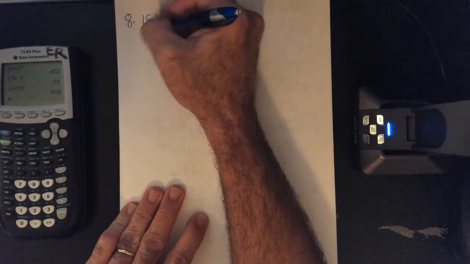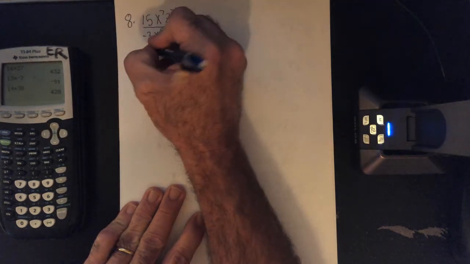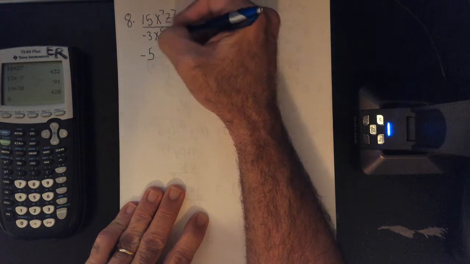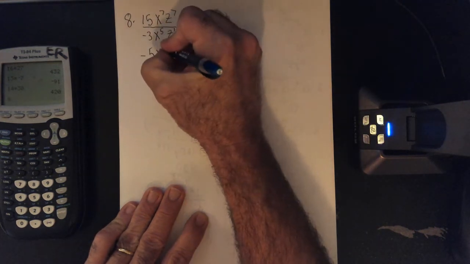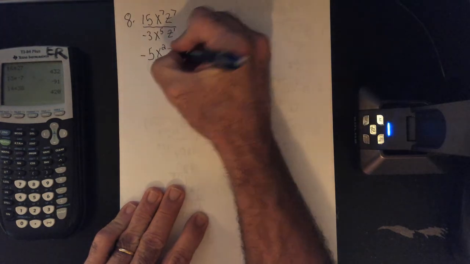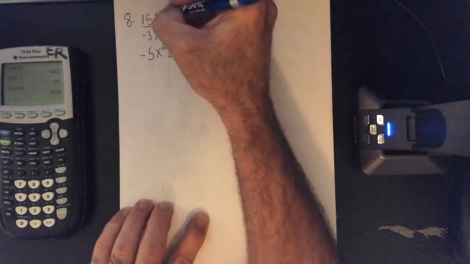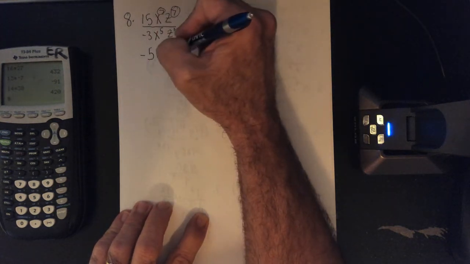So now we're going to divide the numbers. 15 divided by negative 3 is a negative 5. On the variables, we're going to subtract those exponents. On the x, you got 7 minus 5 is 2. On the z, you got 7 minus 1 is 6. Since all these exponents were bigger on top, your answers will all stay positive, okay?